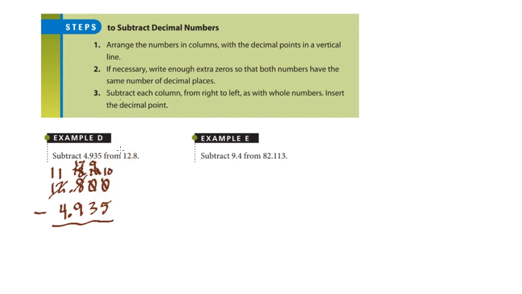Okay, so we're ready to go. 10 minus 5 is 5. 9 minus 3 is 6. 17 minus 9 is 8. And 11 minus 4 is 7. So we have 7.865.